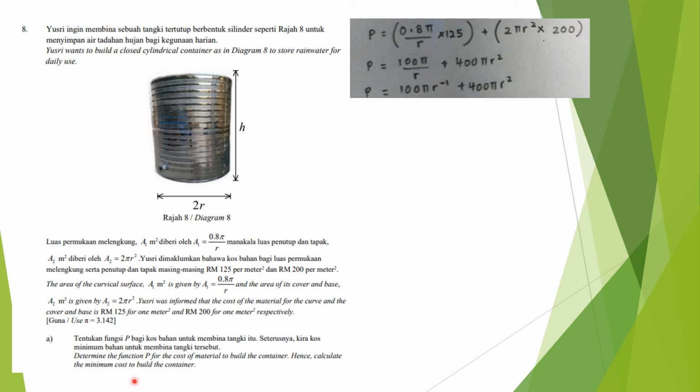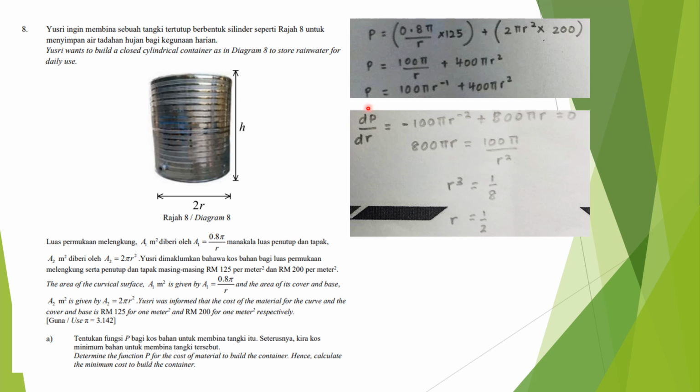Then the question asks to calculate the minimum cost. So you must know that for the minimum or maximum, the first order differentiation must equal 0. So we differentiate: I bring the r up, so it becomes 100 pi r to the power of minus 1. Differentiating, we get negative 100 pi r to the power of minus 2, plus 800 pi r, 2 times 400, equals 0.